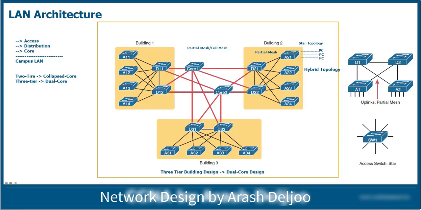Until now, we have learned about the campus LAN topologies and some of the terminology that we have in the campus LAN. Now, let me give you a little information about the small office, home office network. Let me emphasize that in the first videos of the CCNA, I have explained the SOHO, small office, home office. Here I'm going to review it.